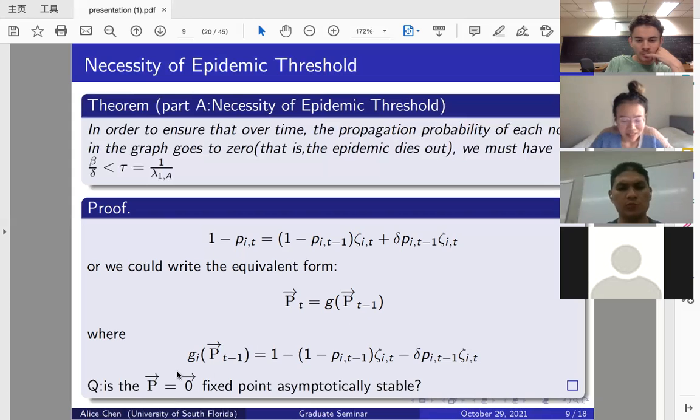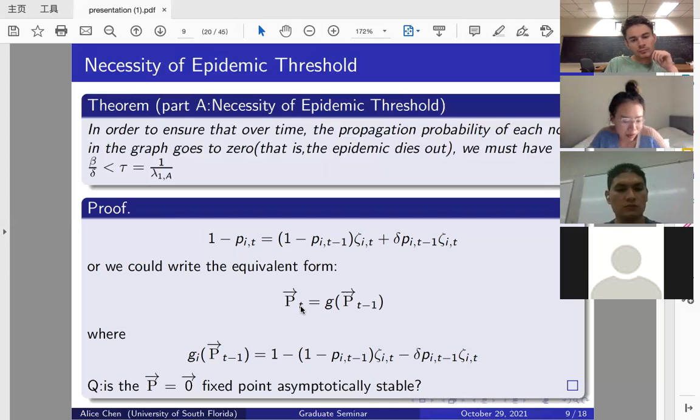It's easy to check that p equals 0 is a fixed point of this system. And if p at time t minus 1 equals 0, then you're gonna have the probability at time t equal to 0 too.